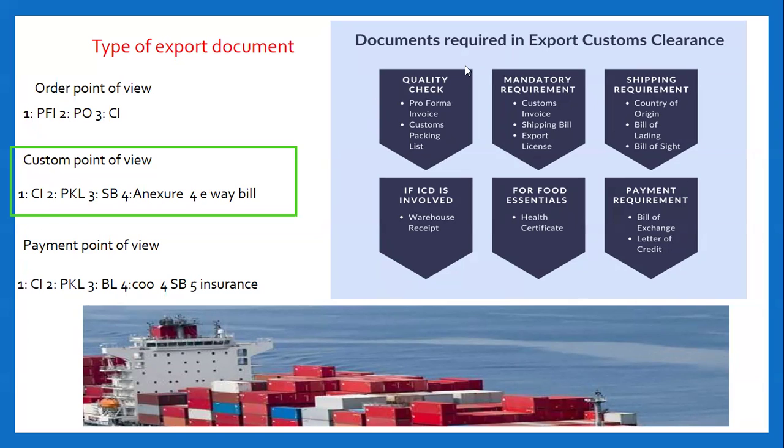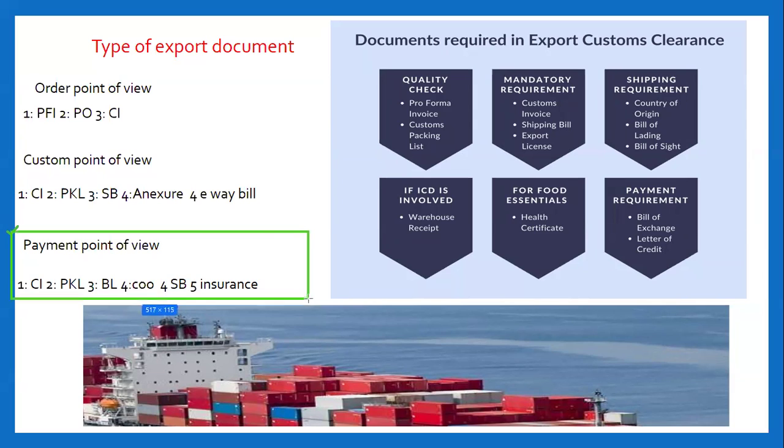Now we will discuss the payment point of view. In the payment point of view, we need to understand what documents need to be submitted to the bank. Earlier we covered the order point of view, then the customs point of view, and now the payment point of view, because we have dispatched the goods and they have departed from the factory for customs clearance.